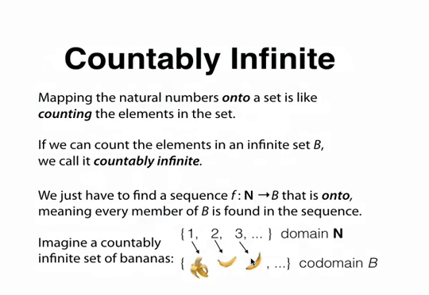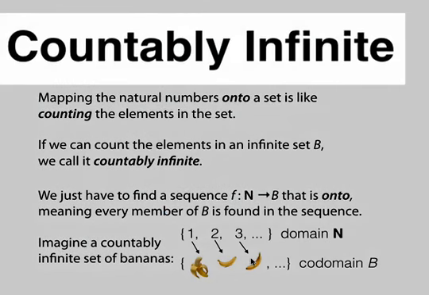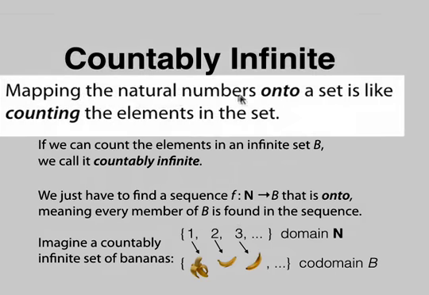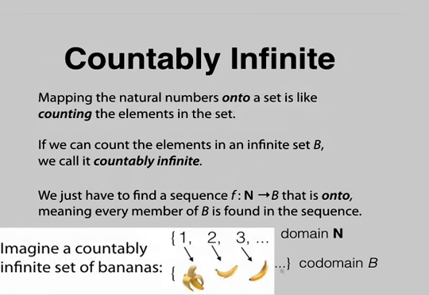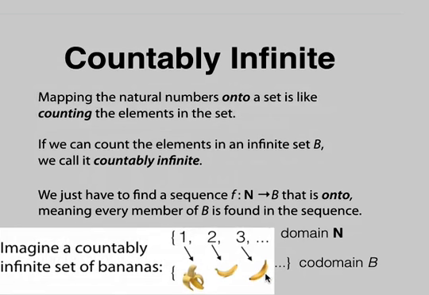So a set is called countably infinite if you can cover it with a sequence. Mapping the natural numbers onto a set is like counting them. Think about it. Let's say you've got this infinite set of bananas. So I say this is the first banana, that's the second, that's the third, that's the fourth, that's the fifth, and I never stop.